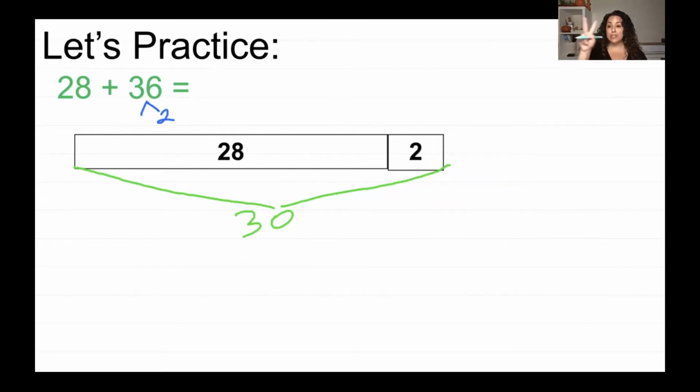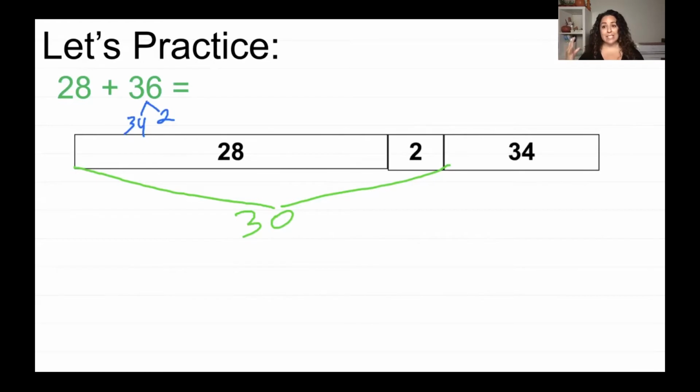I'm taking away 2 ones. So that becomes 34. So that is what I'm going to put right there. So this is my new tape diagram. Instead of 28 plus 36, I have 28 and 2, which makes 30, so I clump them together. So now I have 30 plus 34. That seems like it's a lot easier to add.